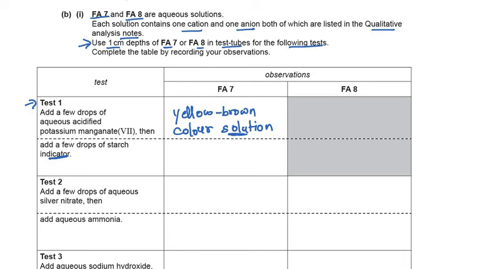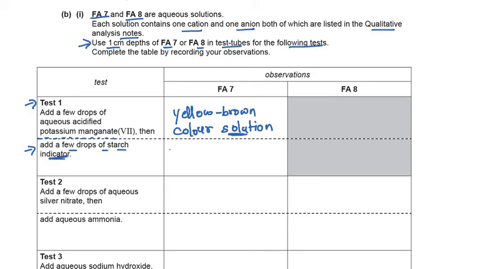So I need to write yellow-brown color solution. The word solution is important. As we can see, there are dotted lines in between, which shows that the next test should be continued in the same solution. So after getting the yellow-brown color, in the same solution add a few drops of starch indicator.